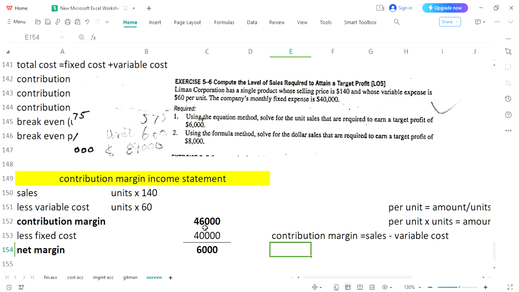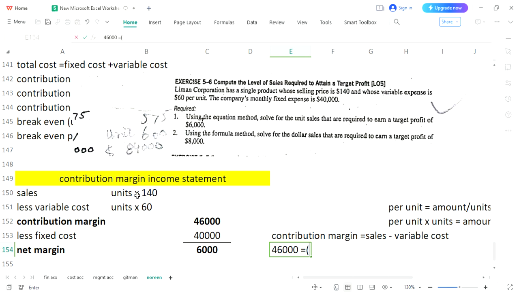Look here, 46,000 is the amount. You can write it here, and then please follow this formula. We write is equal to, and then sales. Sales is unknown, but what we know is units multiplied by 140. We can write U to replace units, that means 140U.